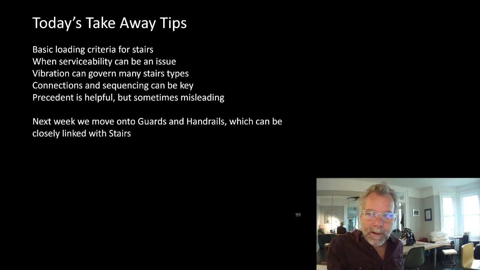Connections and sequencing are important. We have to be mindful of when the stair gets built, because that'll drive some of the decisions on how it gets built. Working based on the normal workflow and precedent is helpful, but it can be misleading, because sometimes the load path is not what it appears to be.